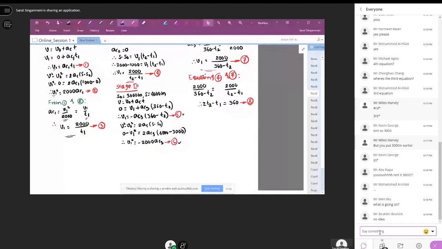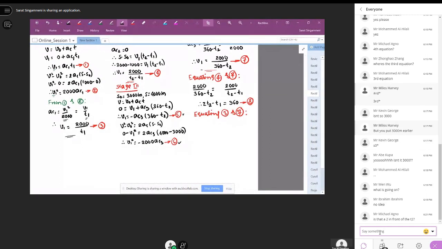If you equate them, you will get 2000 divided by T1 is equal to 2000 divided by 360 minus T2. So from this, T2 plus T1 equals 360. Call this equation 9.